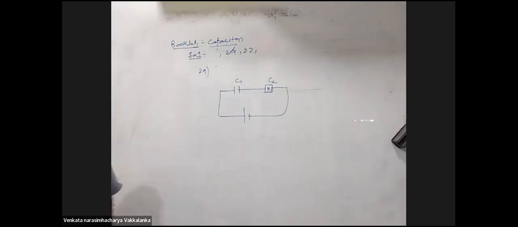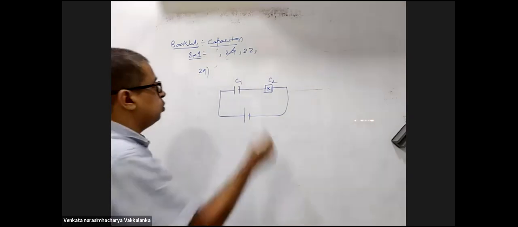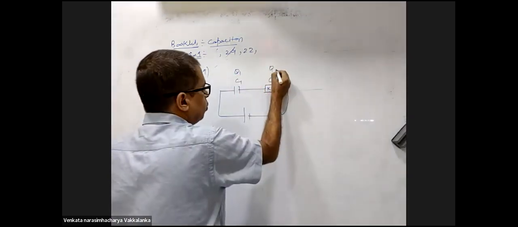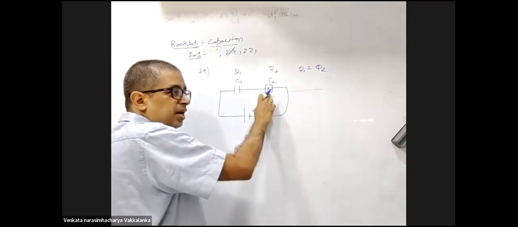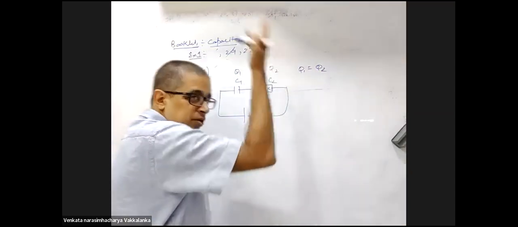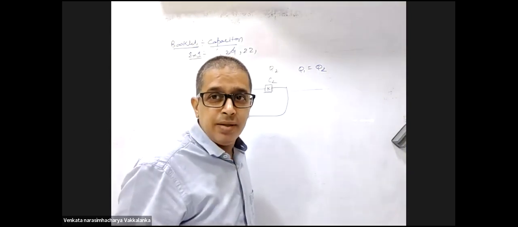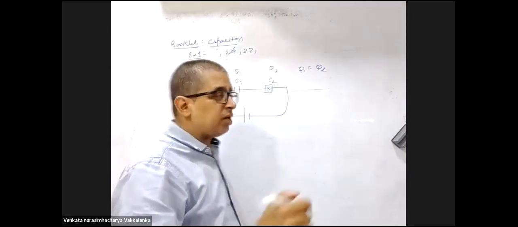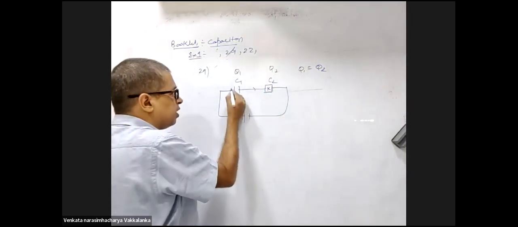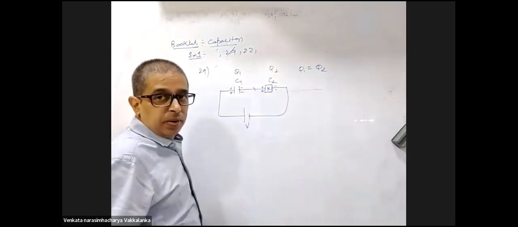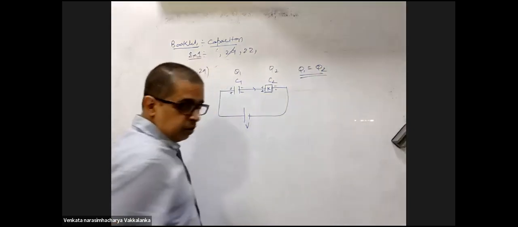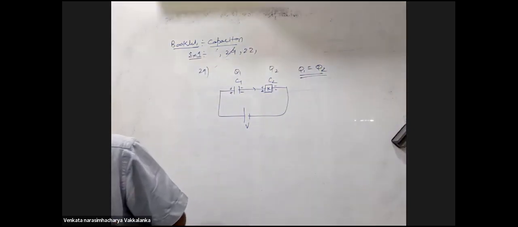Q1 and Q2 are the charges stored in the capacitors. Obviously, Q1 is equal to Q2 simply because they are in series. अरे भाई इसका capacitance कुछ भी हो सकता है. C1 and C2 even if they are not equal, Q1 will be equal to Q2 as they are in series. Right? They are just playing with you people. Now what will you do?